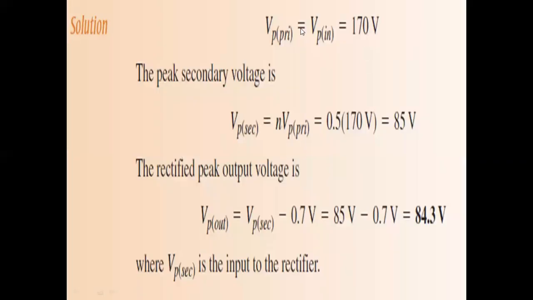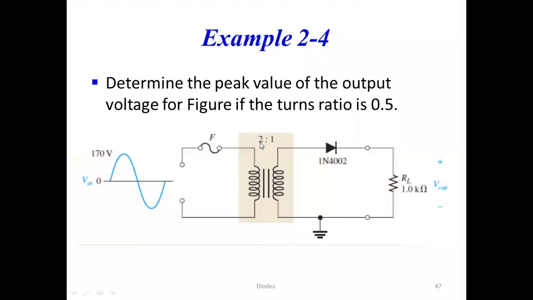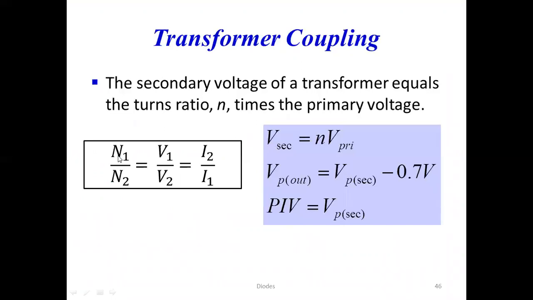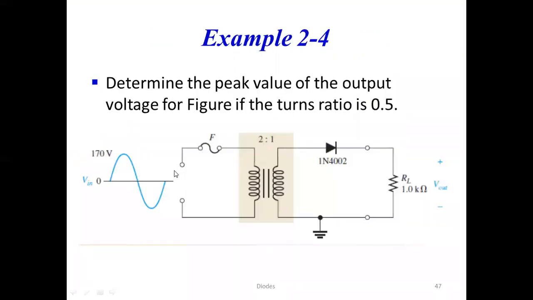Now, here, what is the primary voltage? The primary voltage, which is shown in the waveform, is 170 volt. The peak secondary voltage, see here, as per the turns ratio, 2:1. So now you know that N1 is 2, N2 is 1, and V1 is 170 volt, you can easily calculate V2.